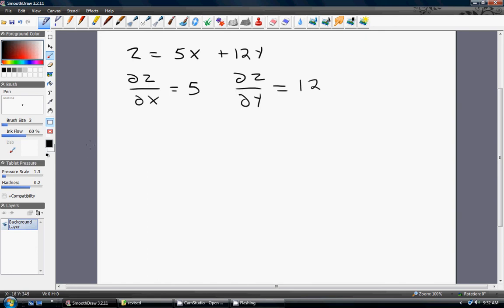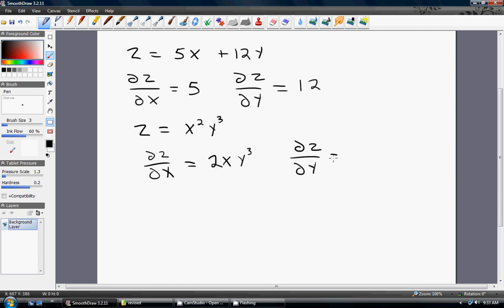Some other examples. Let's say that z equals x squared times y cubed. Partial derivative of z with respect to x. We take the derivative of x squared, we get 2x, but since x is touching a constant, we're just going to bring that constant along for the ride.